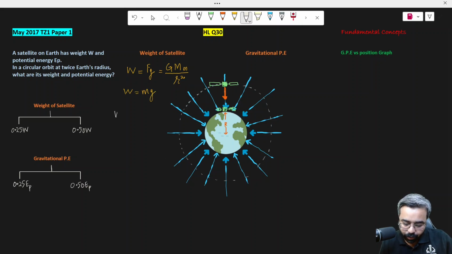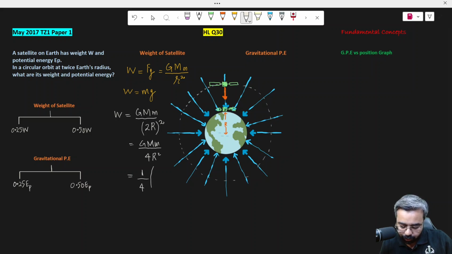So the weight is equal to G, mass of the planet, which has not changed, neither has the satellite's, divided by the distance, which is 2R, basically 2 big R, and take its square. So this is going to become GMm over 4R squared, and you can write it like this, 1 over 4 into GMm over R squared.